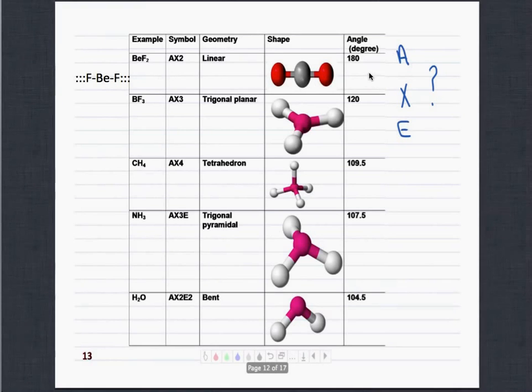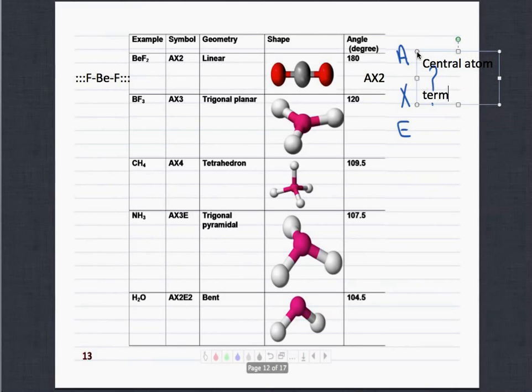So A represents the central atom in the Lewis structure. Definitely first you need to draw the Lewis structure, the central atom. X, the terminal atoms, definitely connected to the central.